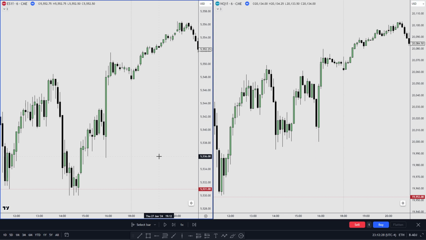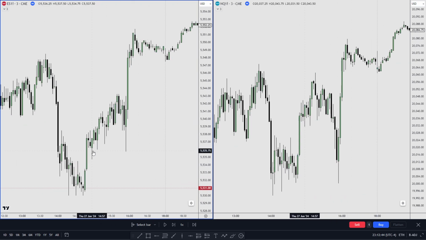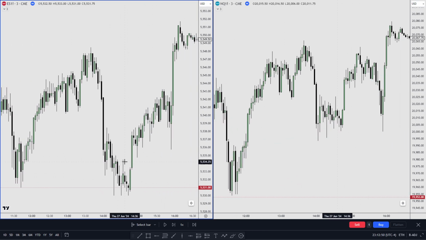How about 6? Unfortunately I can't see any setups here. Yeah, there's no setup for me right here. Alright, then that's just too bad, right?